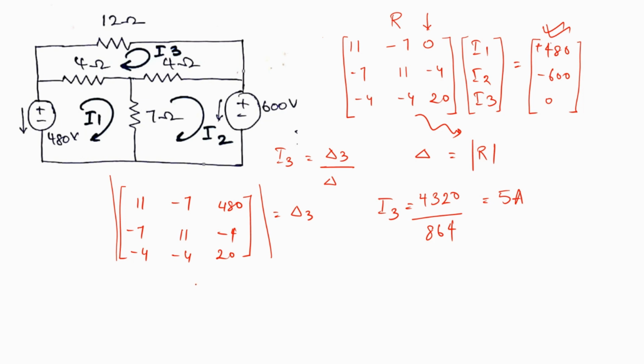So therefore, the current through the 12 ohm resistor is actually nothing but 5 amps. So using the N-mesh network method, we can actually compute the different loop currents. We can alternatively use simultaneous equations also to find out the value of I1, I2, and I3.